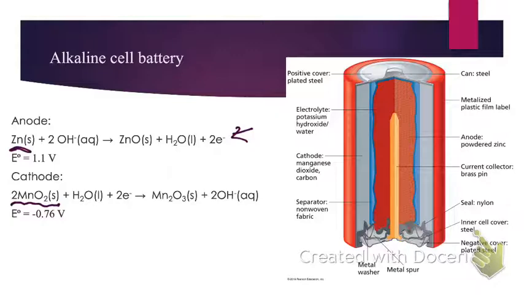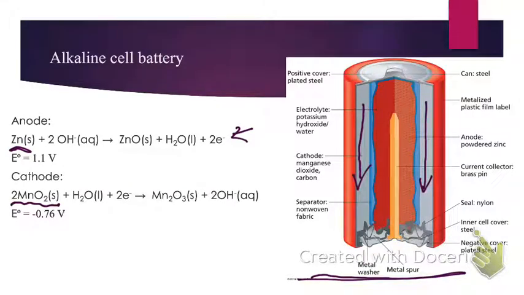So with this in mind, this is what we get for the reactions that are occurring within the cell itself. And this shows the basic design of the cell, where we've got the cathode, which is kind of a pasty manganese dioxide on the outer part of it, okay?